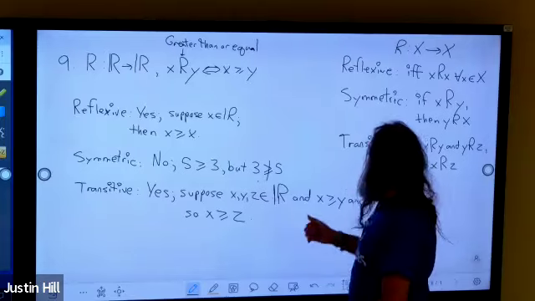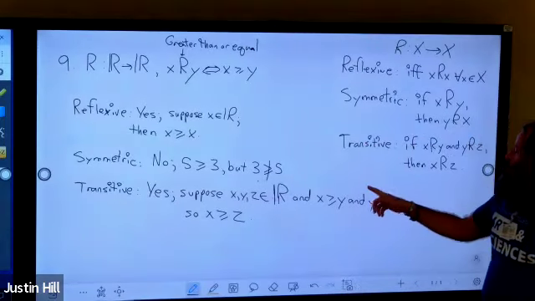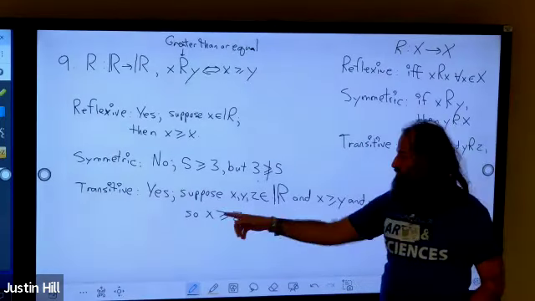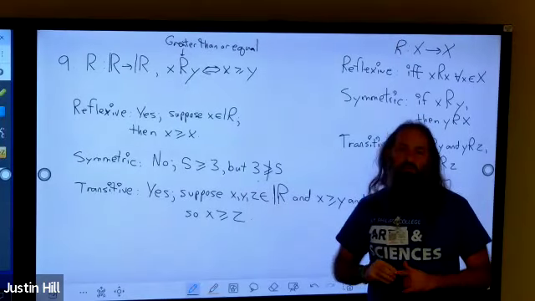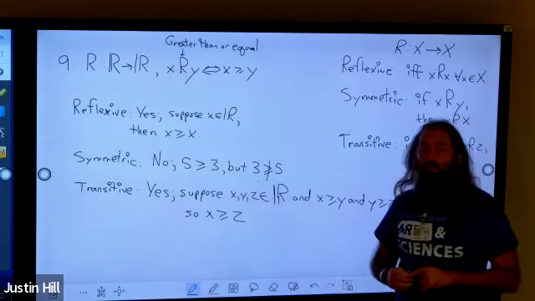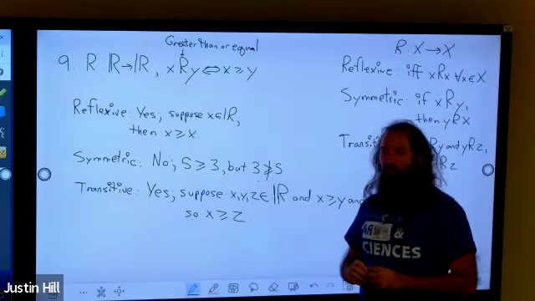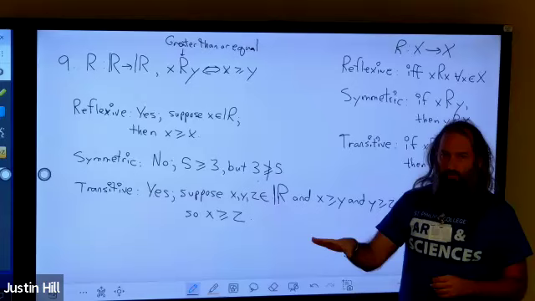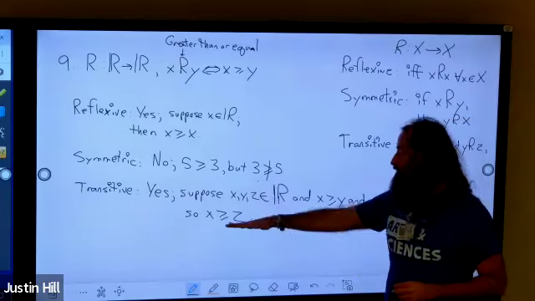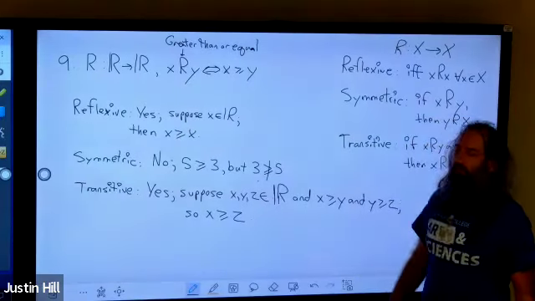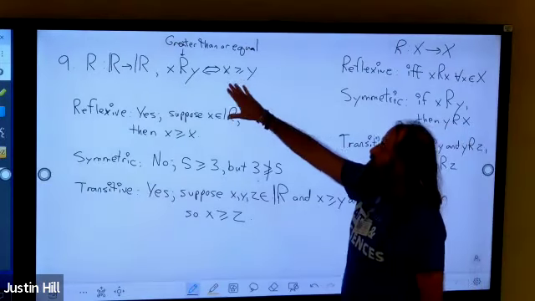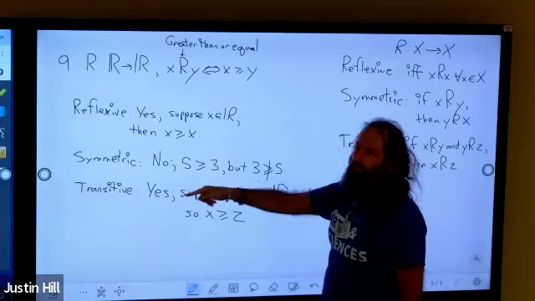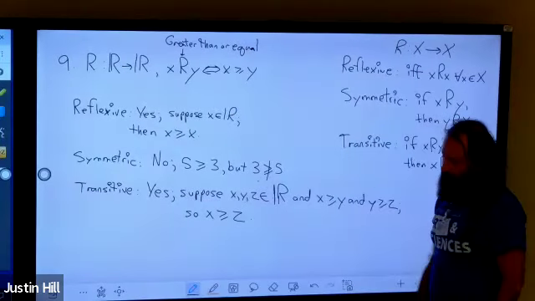We already know that if X is greater than or equal to Y and Y is greater than or equal to Z, that forces X to be greater than or equal to Z. You learned that a while ago, maybe in 6th grade, or at least that's probably the first time you saw it. So that arithmetic I know, so I can write it down, and there we go. We got the proof. Good. So the greater than or equal to relation is reflexive and transitive, but not symmetric.